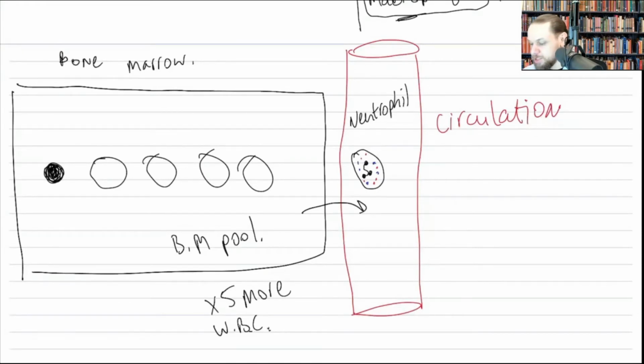And as these cells divide, they have different names. It's not so much for you to remember all the stages. What's good to remember is that before they become neutrophils, the stage is called stab cells, or sometimes band cells.